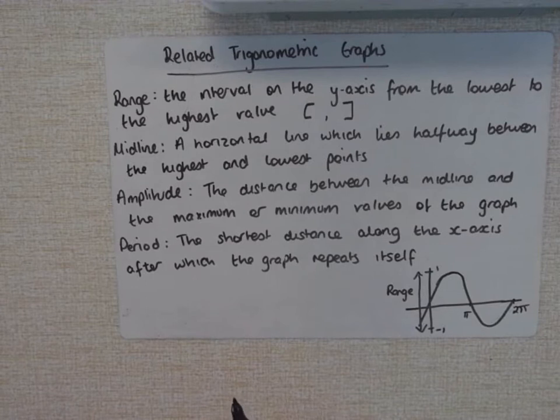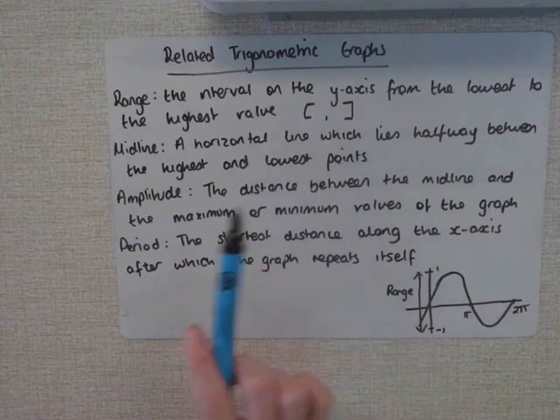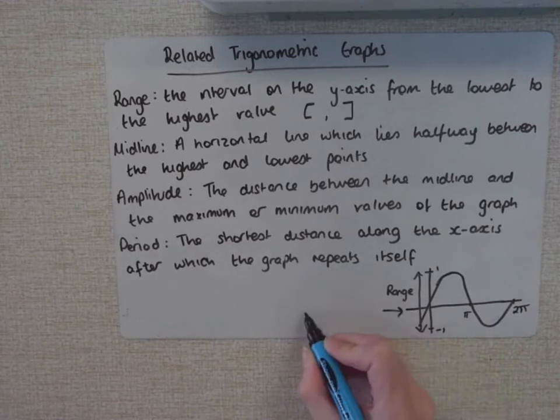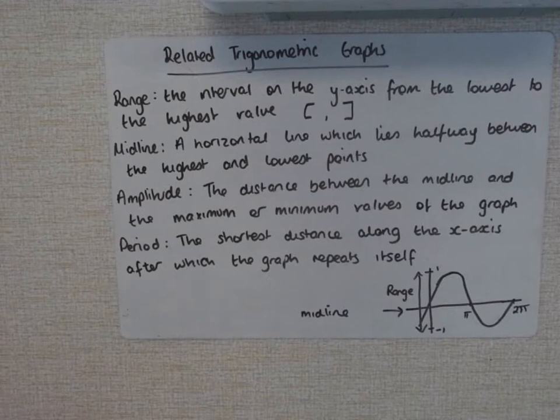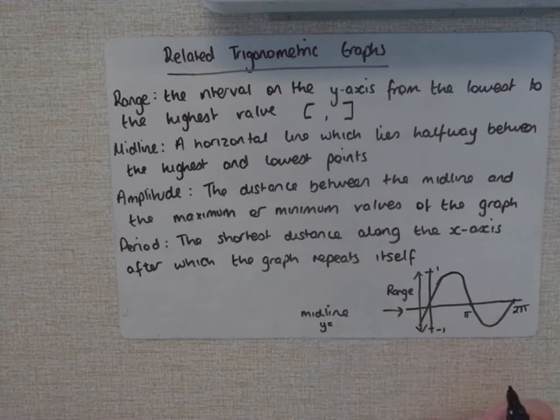Your midline of a trigonometric graph is a horizontal line which lies halfway between the highest and the lowest points. So my midline in this scenario would be here. And it's a horizontal line, so it's y equals something.